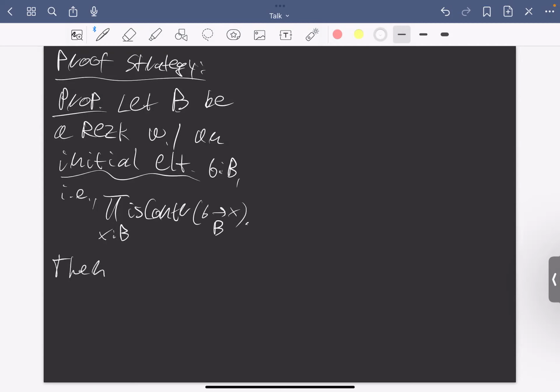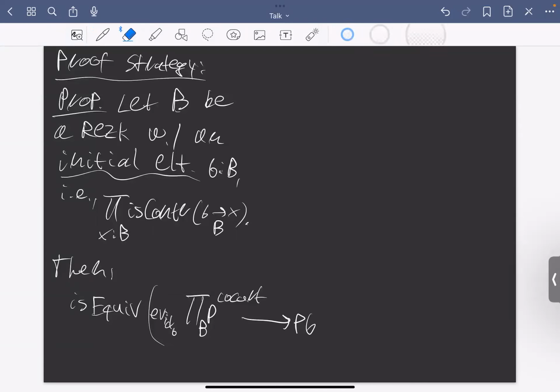Then the following map is an equivalence. We can look at the type of co-Cartesian sections into the fiber. And how do we get a map? Just by evaluation at the element b.